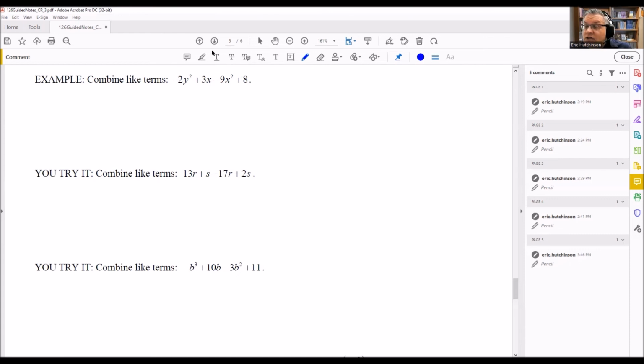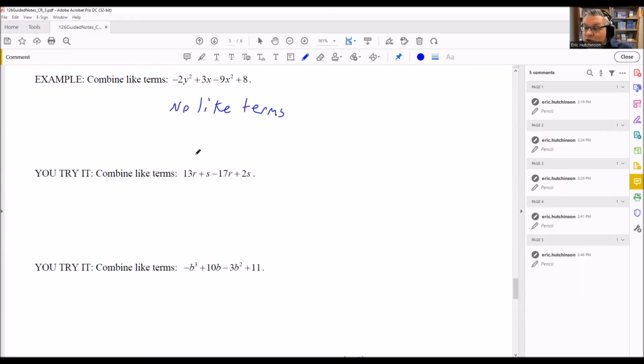If you look at all these, the variables are different and the powers are different. So we can't actually do any of these together. So this one, there are no like terms. So the answer would just be the original thing you started with. You just put that down for combining like terms. That would be it.